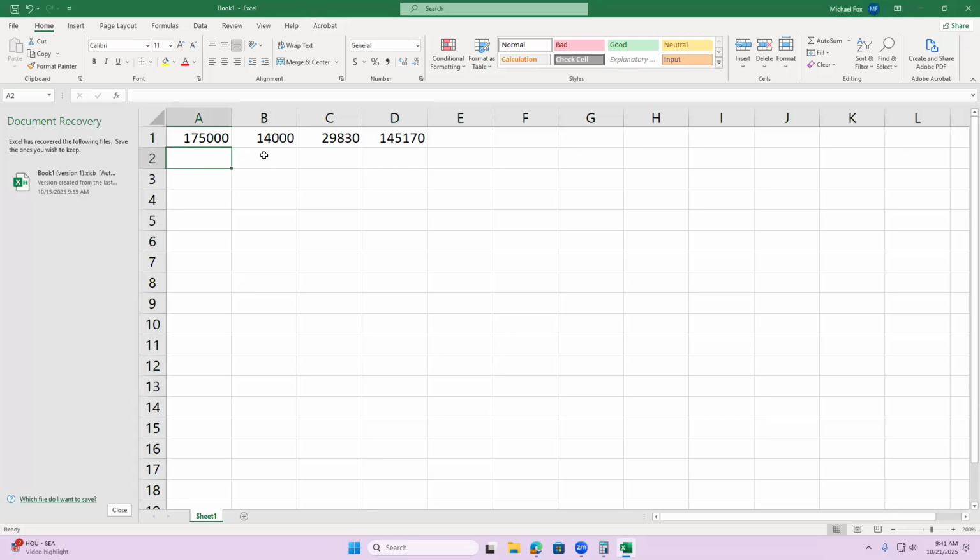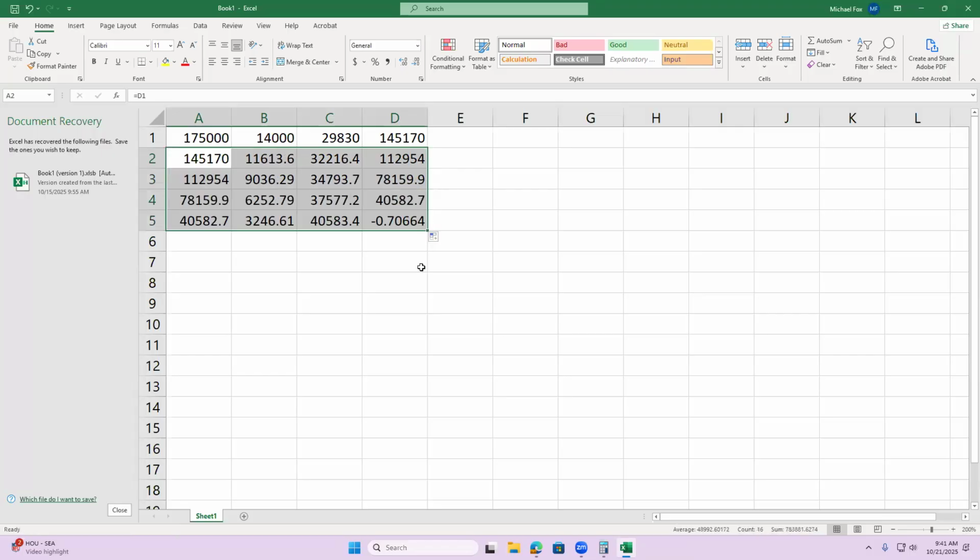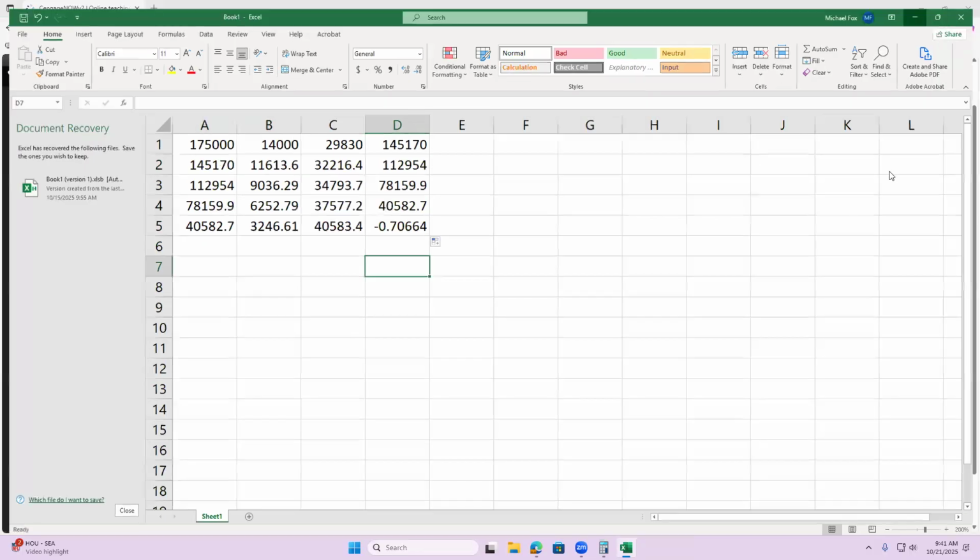In the second year, we say that equals the end of the first year. And now we can pretty quickly have it do the math for us.